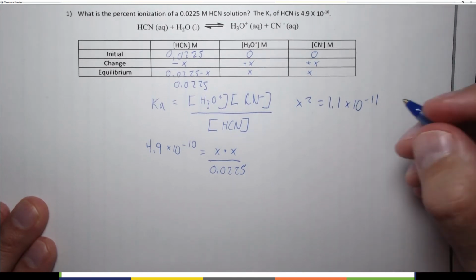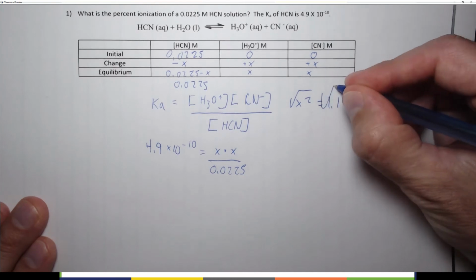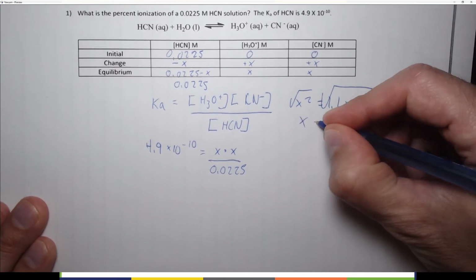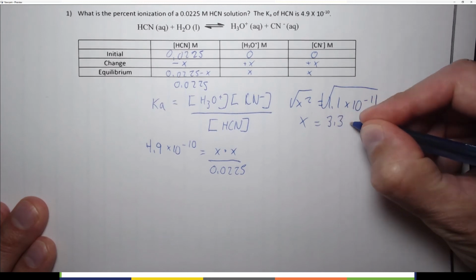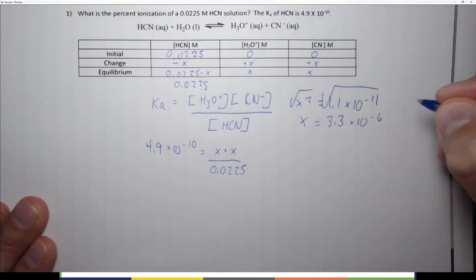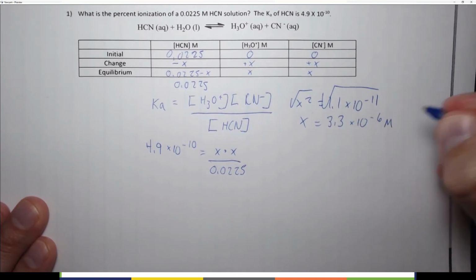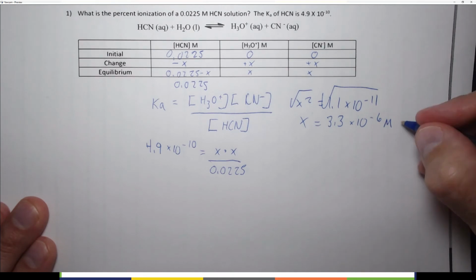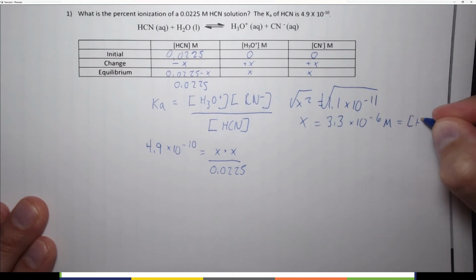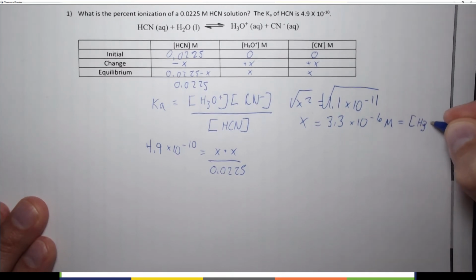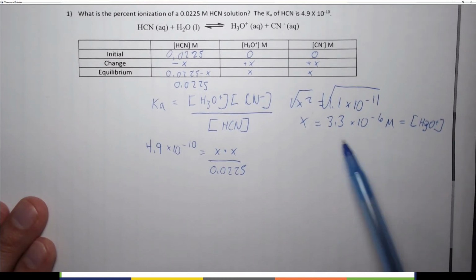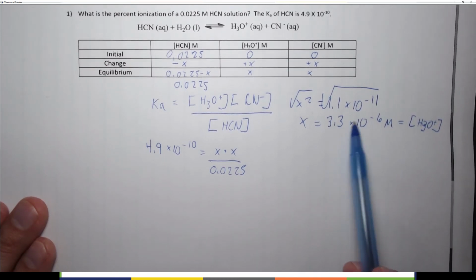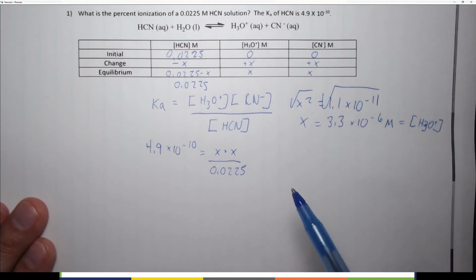To solve this, we simply take the square root of both sides, and we find that X is equal to 3.3 times 10 to the minus 6. And this is a concentration, so it's molar. And specifically, this is the concentration of H3O+. Now, if in this problem we were asked for the pH, we would simply take the negative log of this, and that would give us the pH.